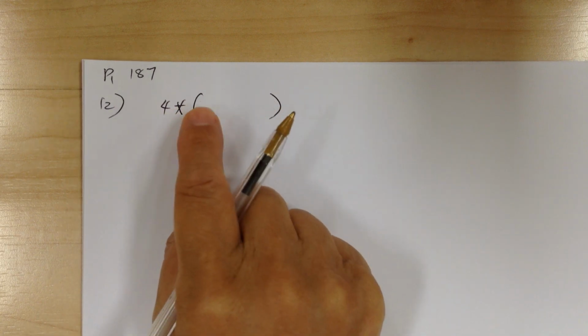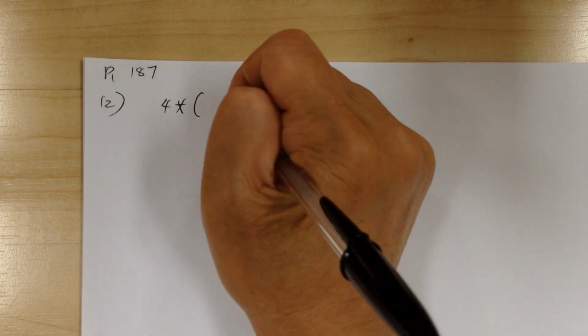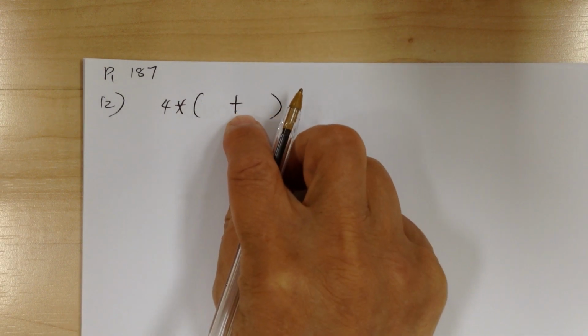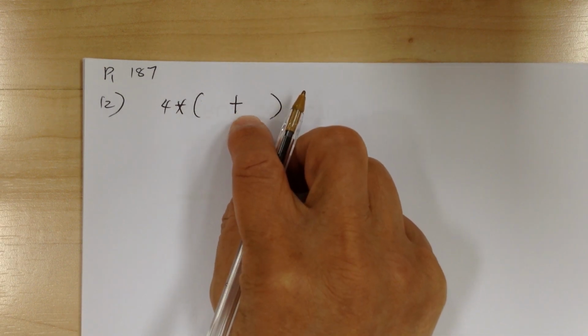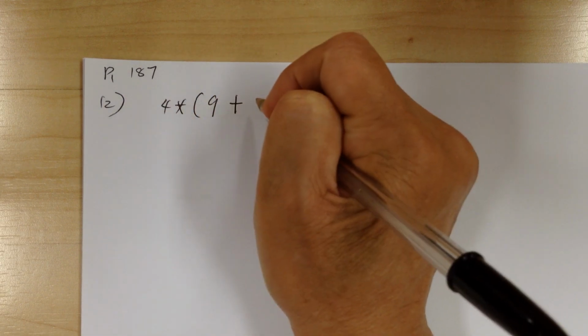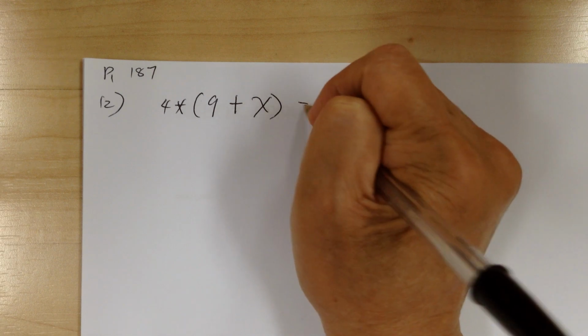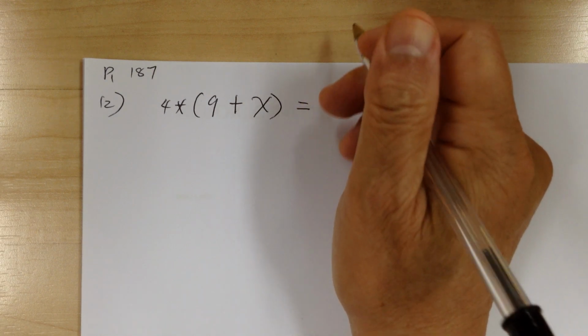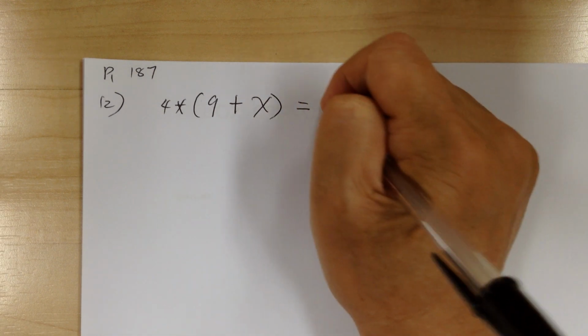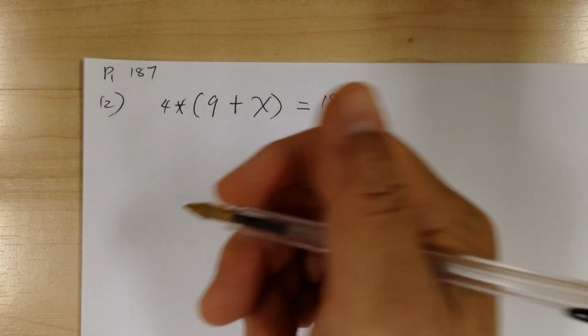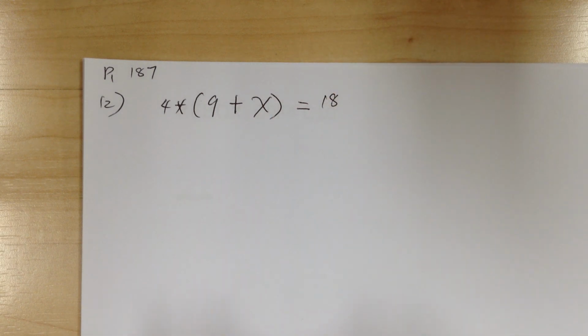So 4 times the sum, and the sum means plus, the sum of 9 and an unknown number, is means equal to 18. And that is your equation.